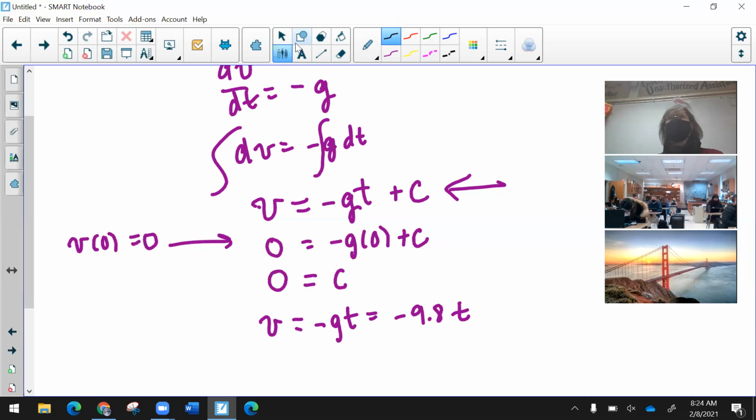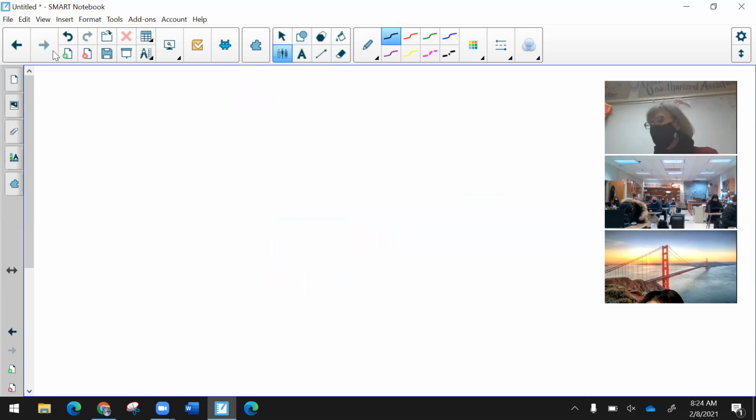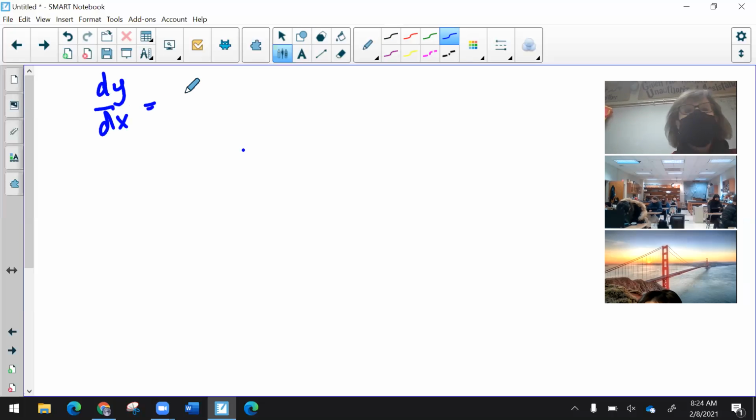All right, any other checkpoints? Okay, good. All right, then I want, like I said, to try one more, which is kind of wacky. So you are supposed to solve dy dx is equal to sine x squared.